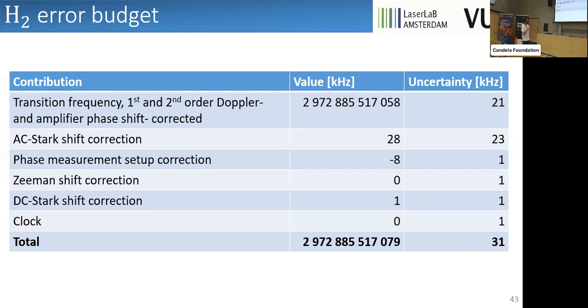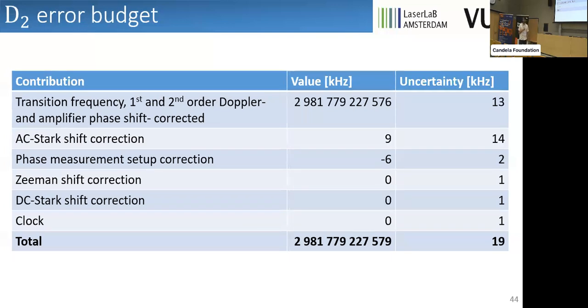And finally, we have a DC Stark shift correction, which again, because we have a homonuclear molecule with no permanent electric dipole moment, we expect to be 0, but we measure it to test for any, for example, quadratic Stark shifts. And we get a shift of 1 kilohertz with 1 kilohertz uncertainty. And finally, there's the clock to which we reference our frequency comb. So if we put it all together, we get the transition with 31 kilohertz uncertainty.